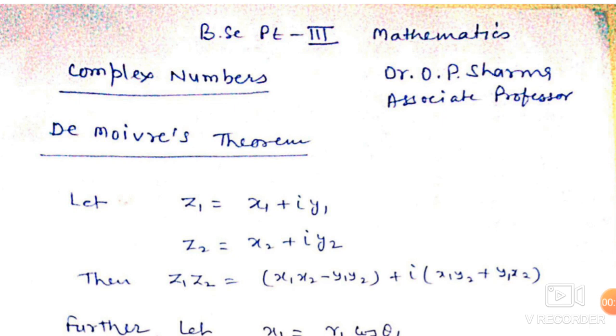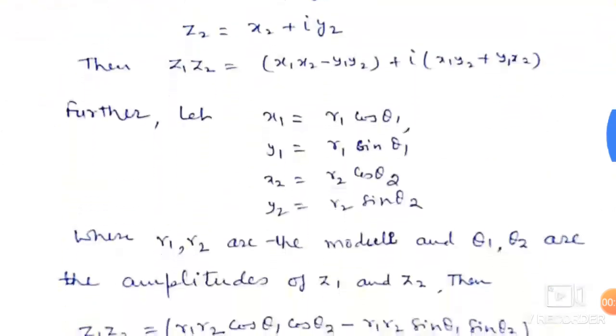से अपन प्रूफ करते हैं, लेट Z1 इक्वल टू x1 प्लस आयोटा y1, Z2 इक्वल टू x2 प्लस आयोटा y2, then Z1 Z2 equal to x1 x2 minus y1 y2 plus iota of x1 y2 plus y1 x2.